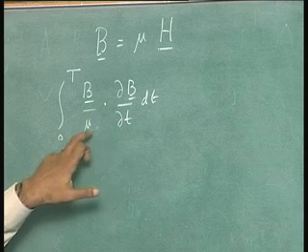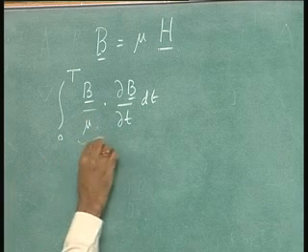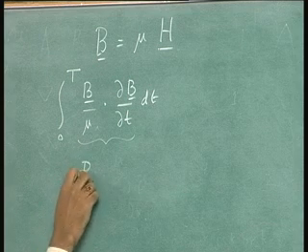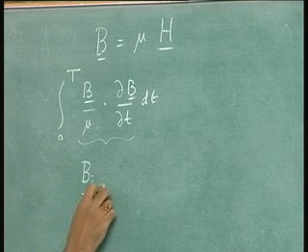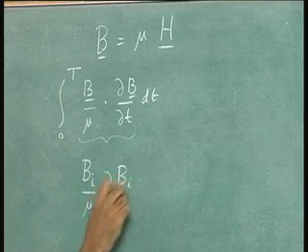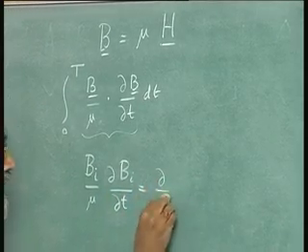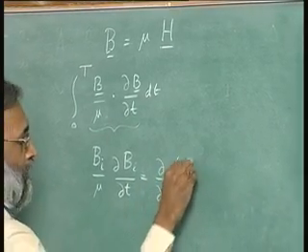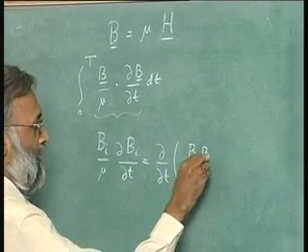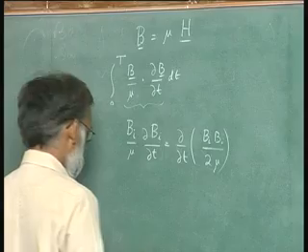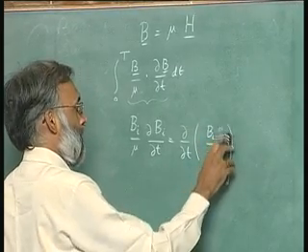This can always be simplified. It can again be written in the simple notation we have, B sub I over mu del B sub I del t, which is nothing but del del t of B sub I times B sub I over 2 mu, that is B sub I squared.